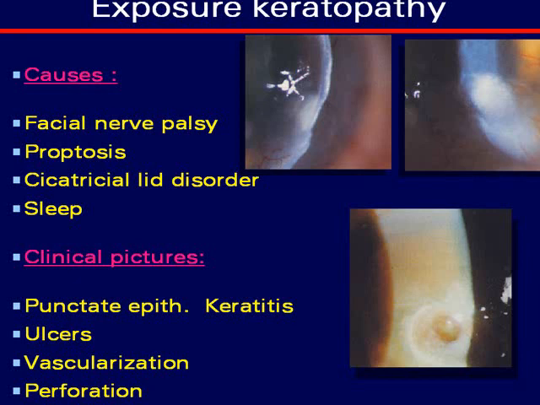People with severe proptosis or with severe cicatricial eyelid disorders will expose their cornea and get dry and superadded bacterial infections. Usually patients will present with severe pain and, if long-standing and chronic, with vascularization and end up with perforations.